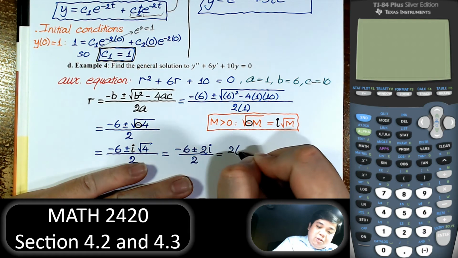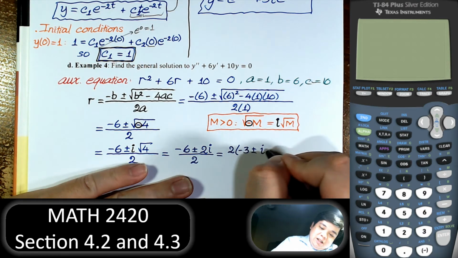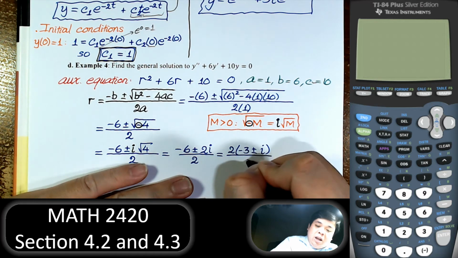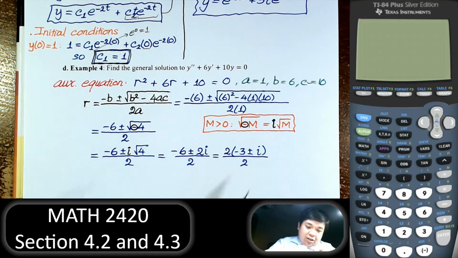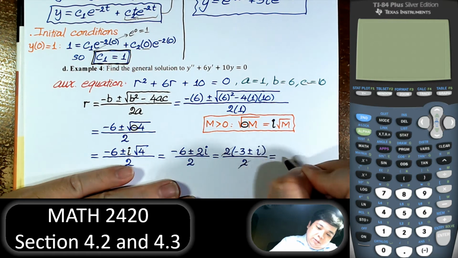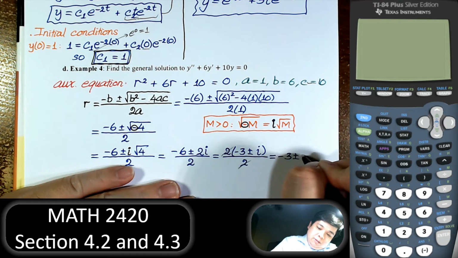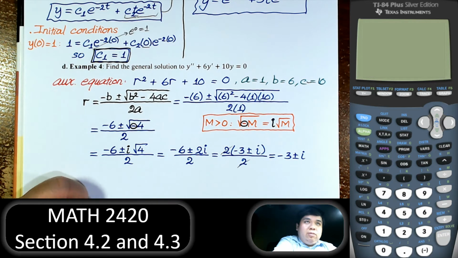Factor out the 2 on top, we have negative 3 plus or minus i. Once we factor out the number, then we can simplify. Right. So that is the solution.